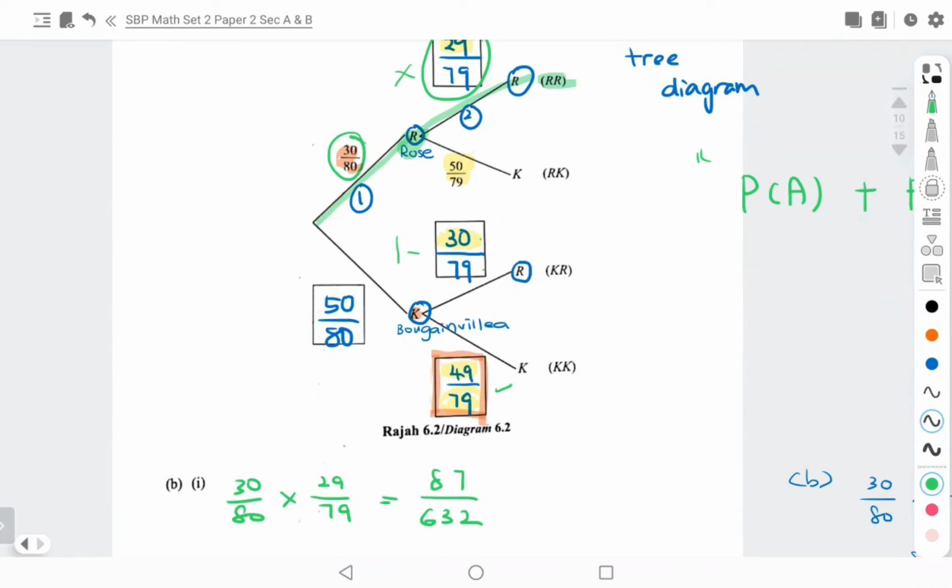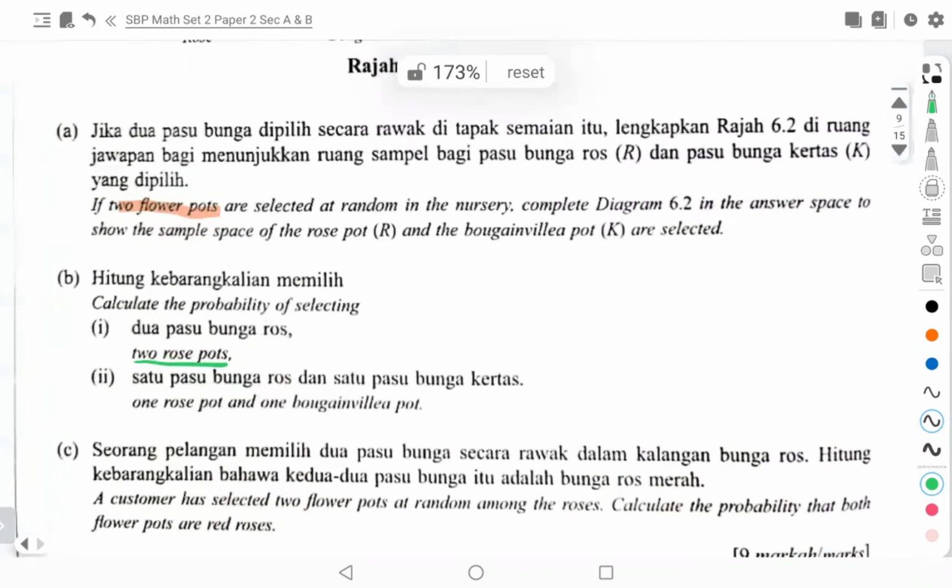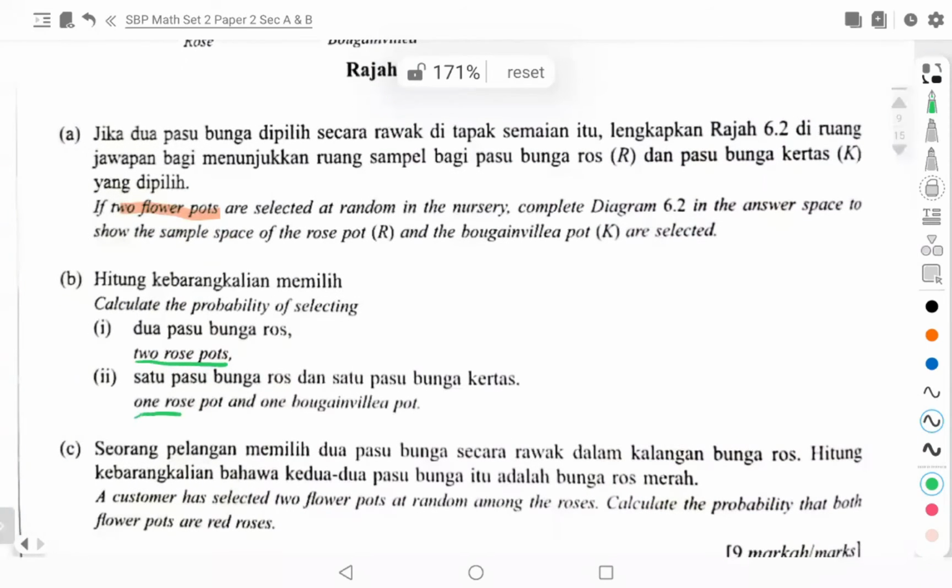Okay, the second one, look at the question. It says once you select, the first one can be either rose or bougainvillea. So it will be RK, or the first selection is a bougainvillea pot and then a rose.